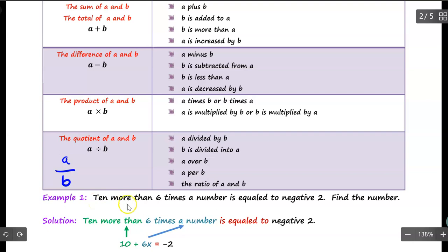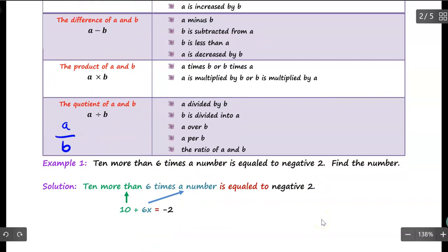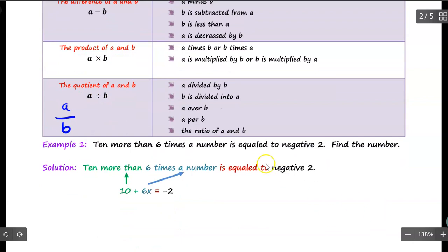"More than" means that I have to add that to 6 times a number. If you assign the number as x, you write 6 times x. 10 more than that means 10 plus that product will be equal to negative 2.